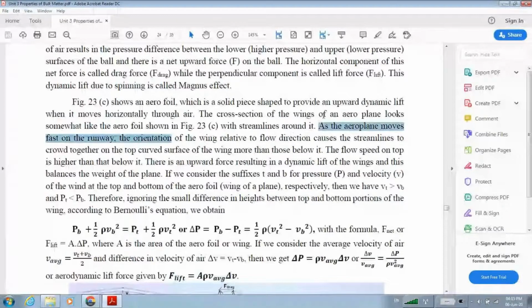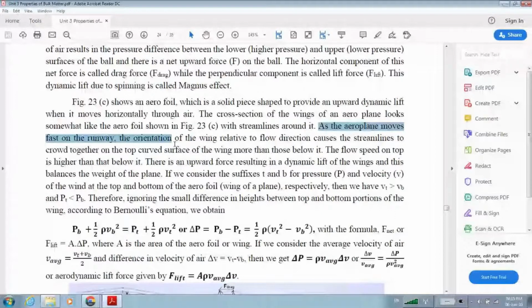While the aeroplane is moving faster on the runway, the velocity on the upper surface of the aeroplane will become larger and at the bottom surface it will become smaller, and they will make the pressure difference. It means at the bottom of the wing the pressure will be more, and at the top of the wing the pressure will be less.